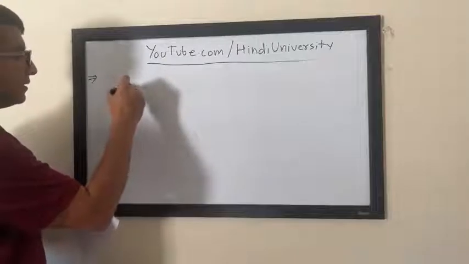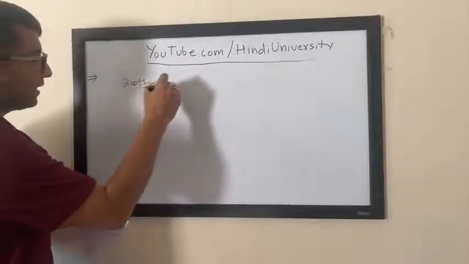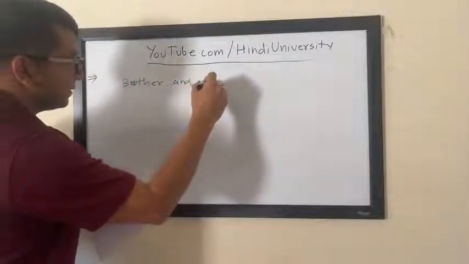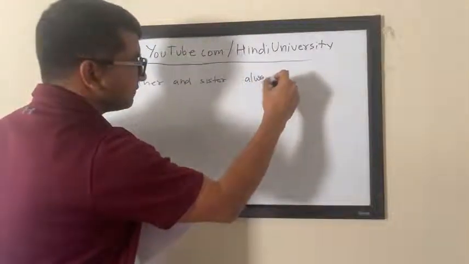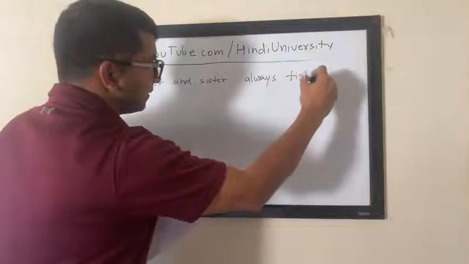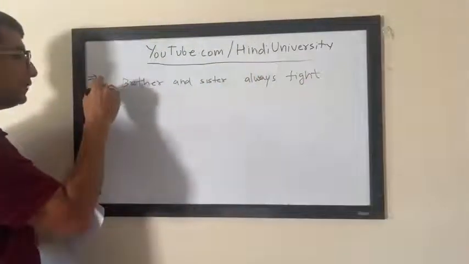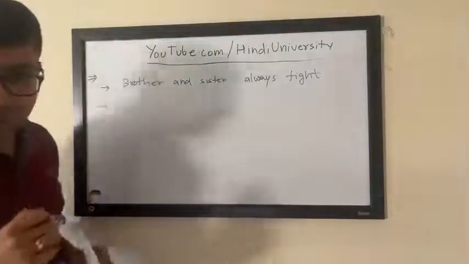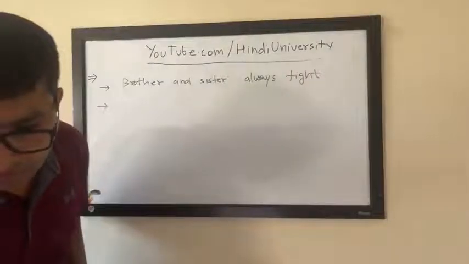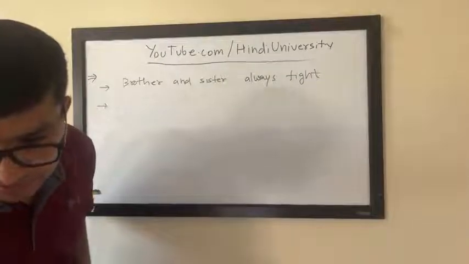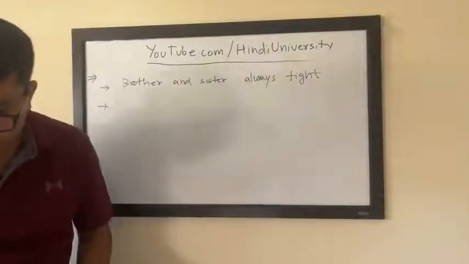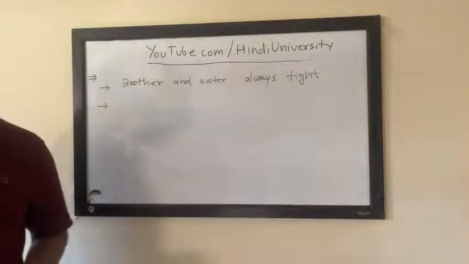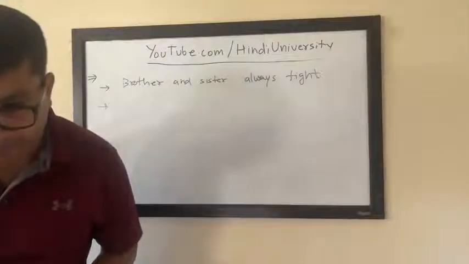Brother and sister, they always fight. How do you say that in Hindi? I want all of you to write it down. Brother and sister, they always fight. And for those of you who are good with Devanagari, I want you to write it down in Devanagari, just so that you can test your understanding there.